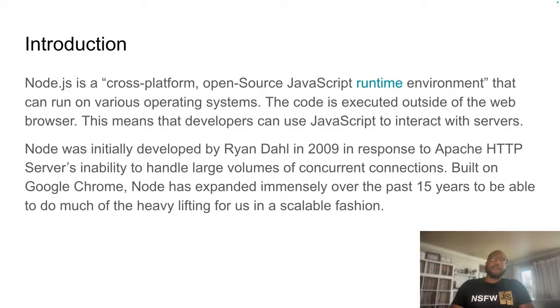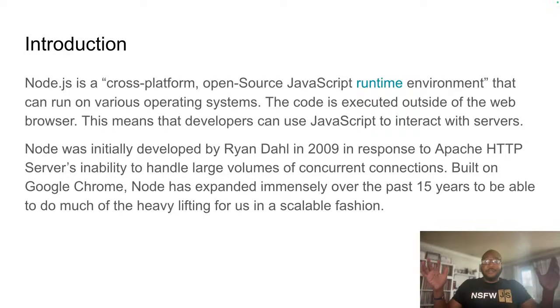So, before Node, JavaScript was, I would say, almost exclusively, if not exclusively, a front end language. And that's what made it powerful and very attractive because you could build websites and use JavaScript to leverage the functionality of it.